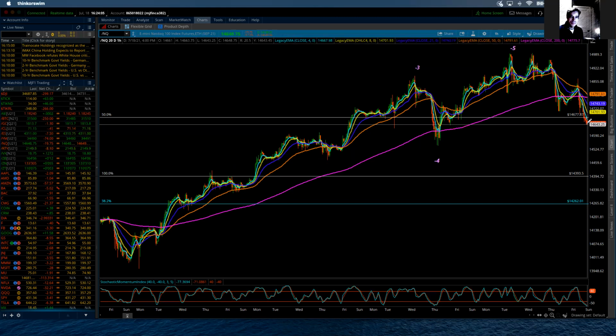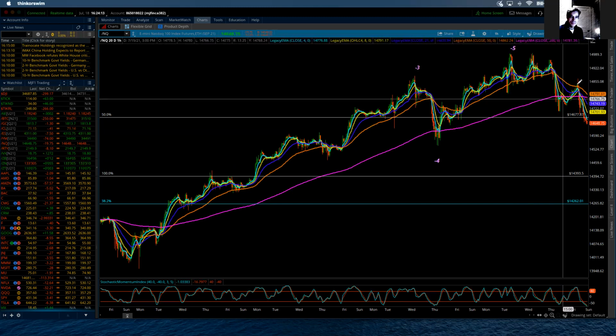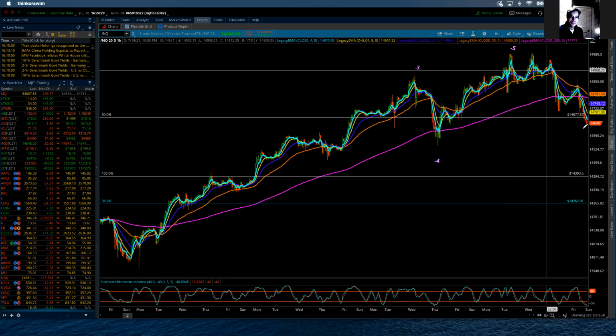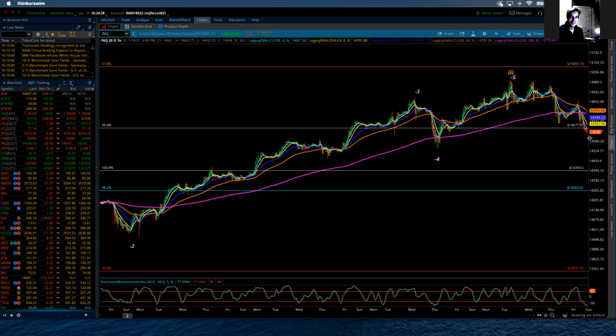And within a correction, it's going to correct in 3 waves or a series of 3 waves. So if we have A, B, and then 1, 2, 3, 4, and this is the 5th, that could be the first ABC. If it's the completed ABC and we just start to move, then I can start to add that additional layer. Because don't forget, that's going to come in as minor wave 4.